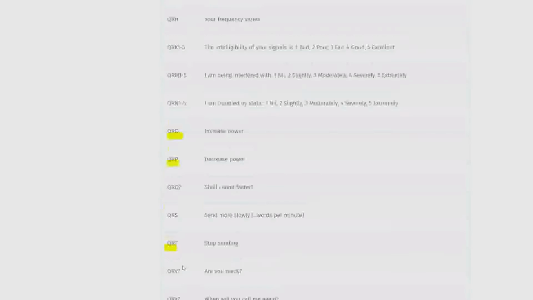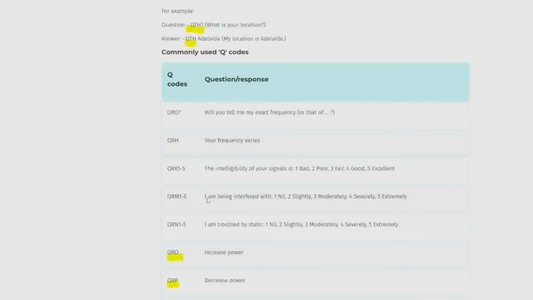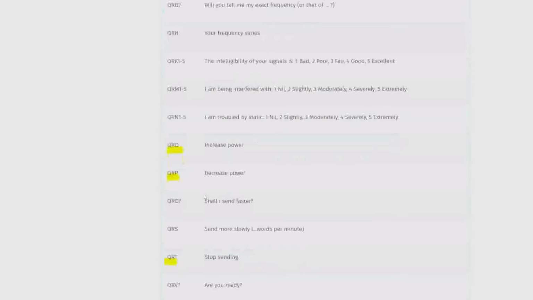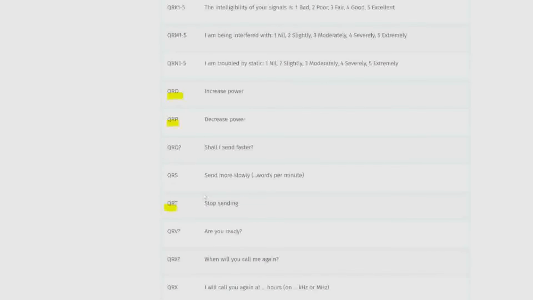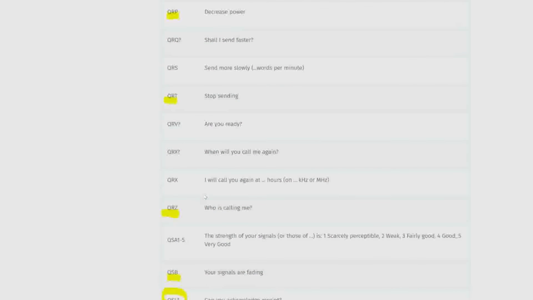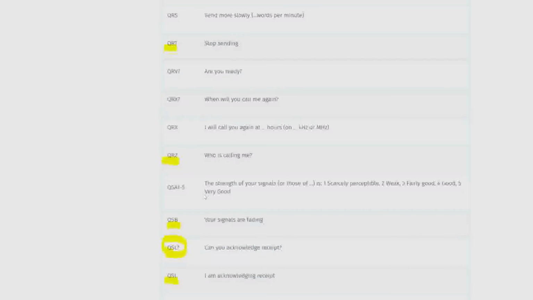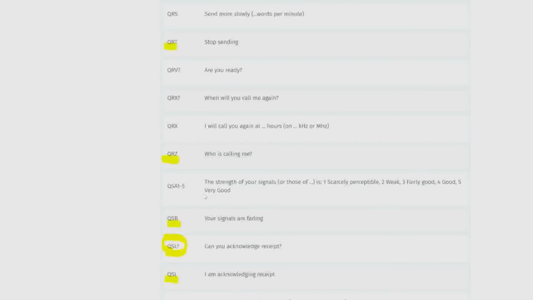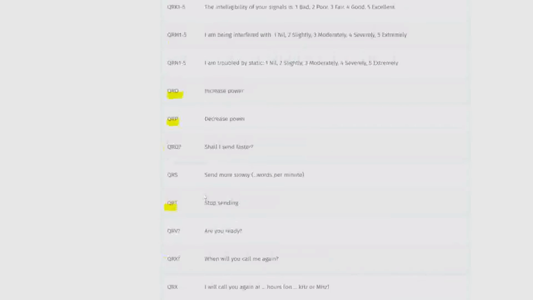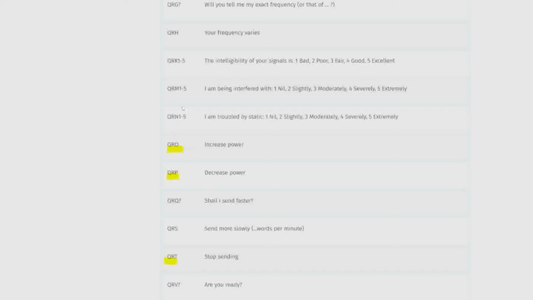Look, the ones I've highlighted, if you know those, I think you're going to be fine for the exam. I might add QRM and QRN. There is a number after. QRM means man-made interference, and the level of interference is 1 to 5, where 5 is bad.